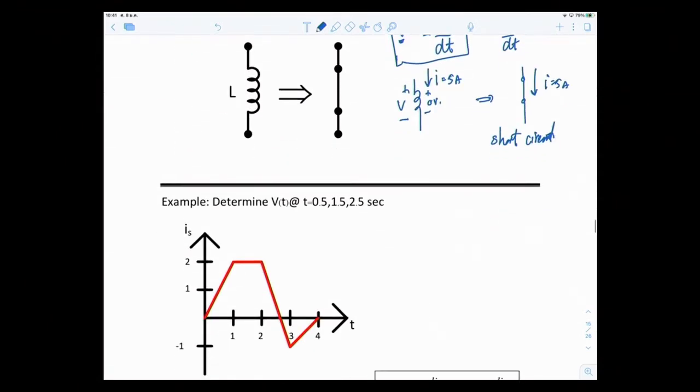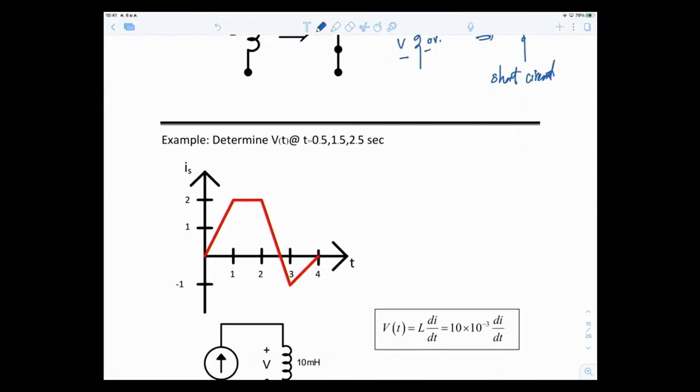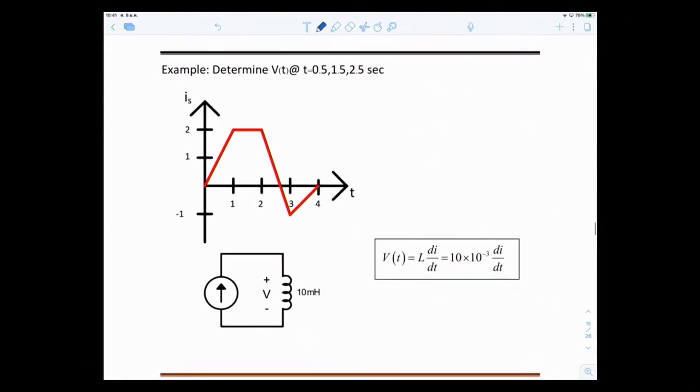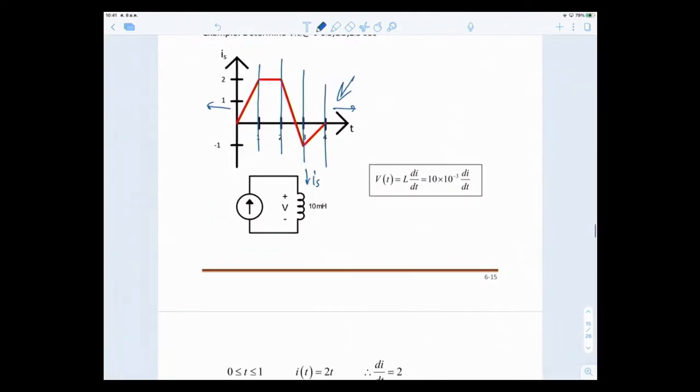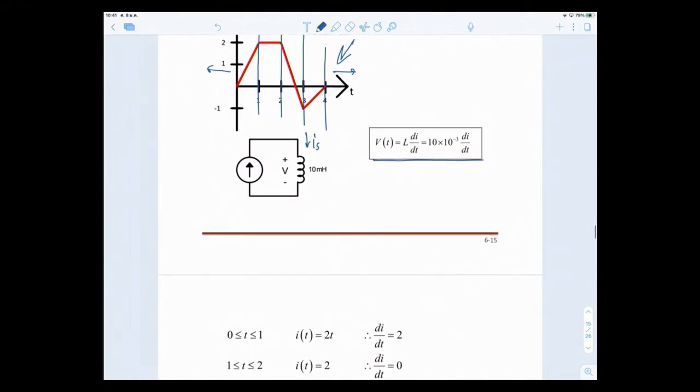An example, similar to the one with the capacitor: you want to find V when IS is given as this graph. Same thing, you divide it into sections: between 0 and 1, from 1 to 2 seconds, 2 to 3 seconds, 3 to 4 seconds, and beyond. Use the formula V equals L di/dt.